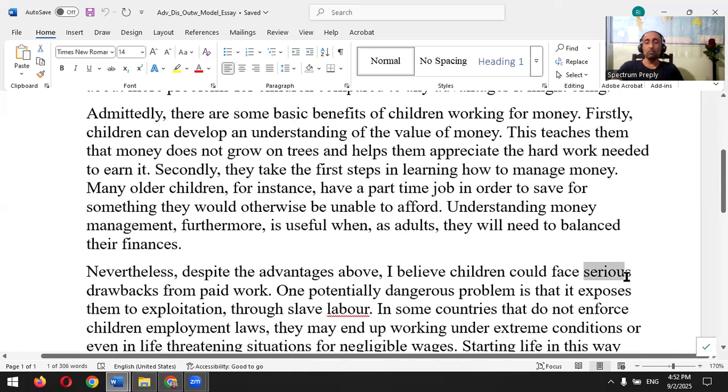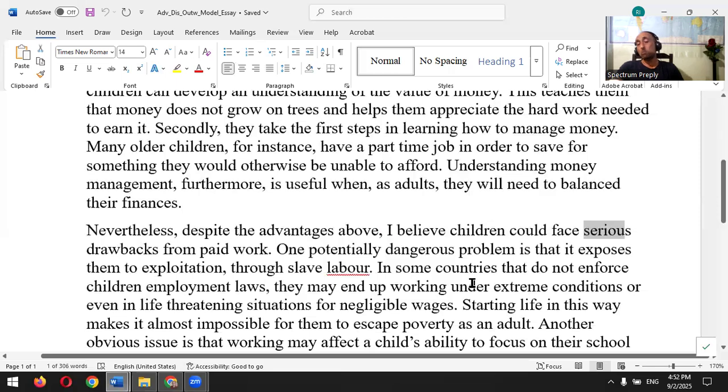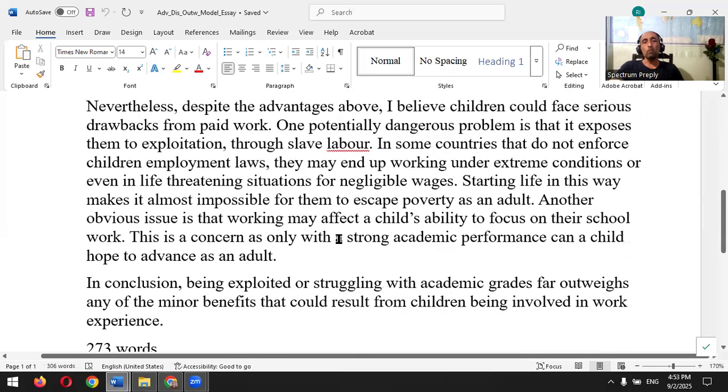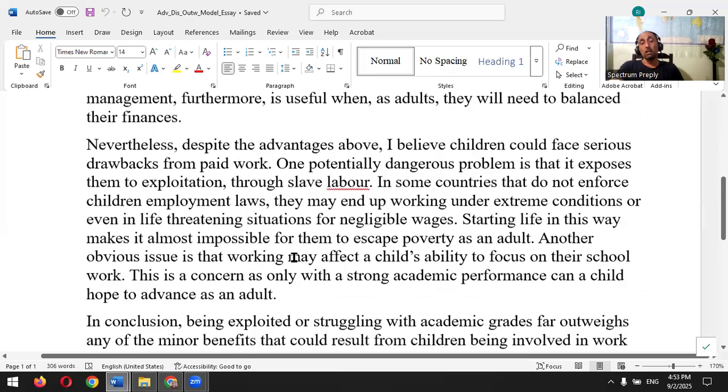These are the things you might not notice if you're not careful. Serious drawbacks from paid work. "One potentially dangerous problem." So it's not just a problem, it's a dangerous problem. It's an opinion that it exposes them to exploitation. And then it continues writing and again supports and ends the paragraph.